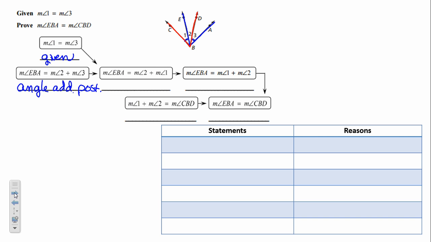Then next they said, based on these two things, do you notice this arrow here? These two come together to be able to say this. So why can we say that EBA equals the measure of angle 2 plus the measure of angle 1?